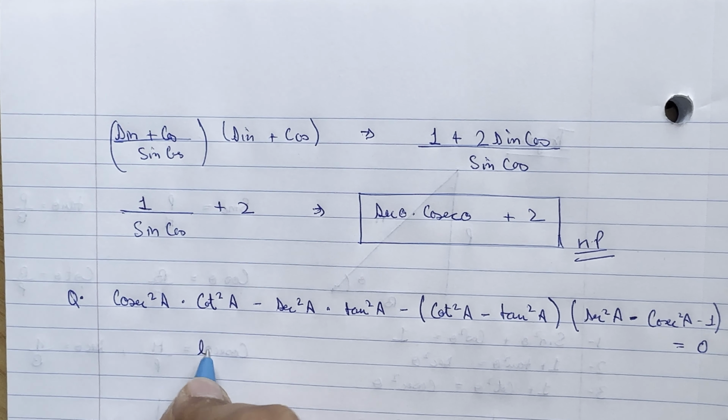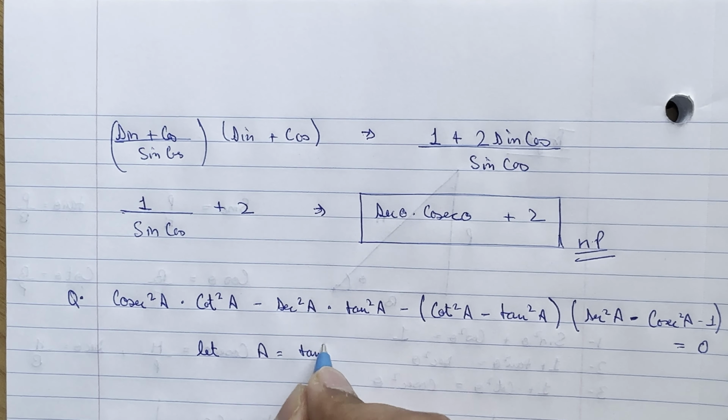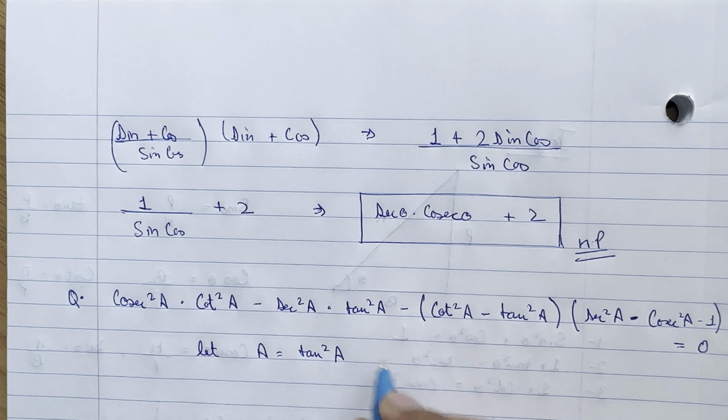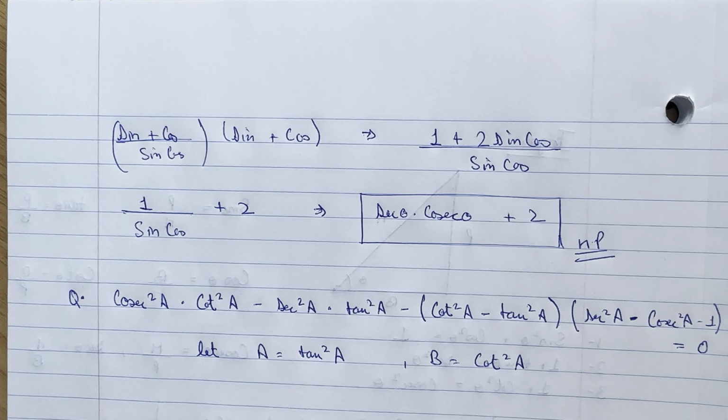So we will let A equals to tan square A, B equals to cot square A.